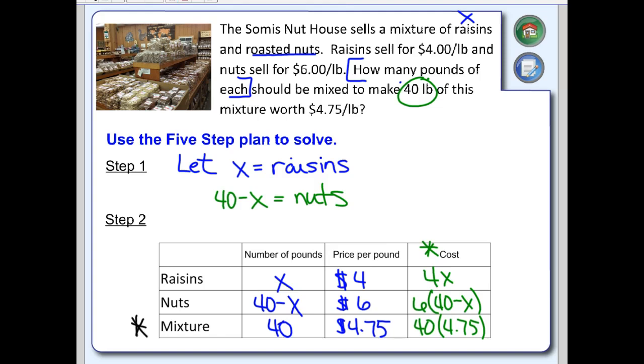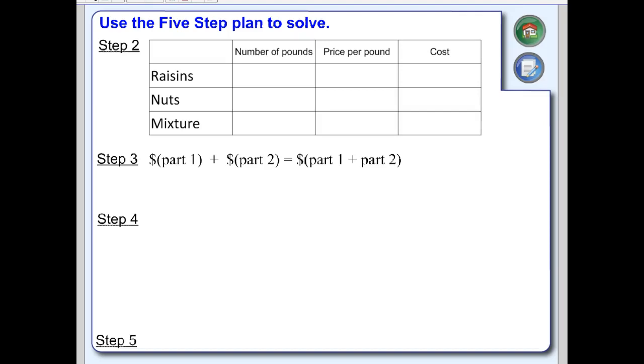Now I'm going to go to the next screen, and let's see how we put this together. If you remember back in our previous chapter, when we do these story problems, after we've got all the data put in our chart, then we have to use our chart to come up with our equation.